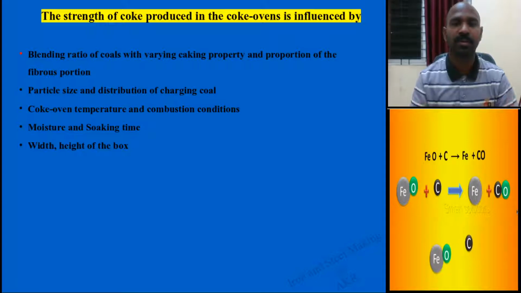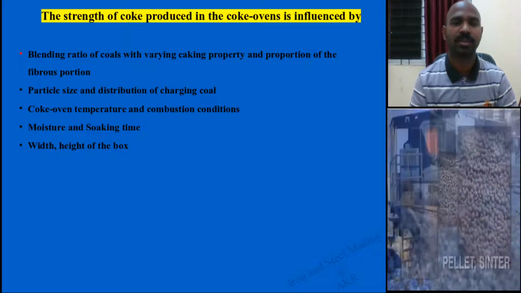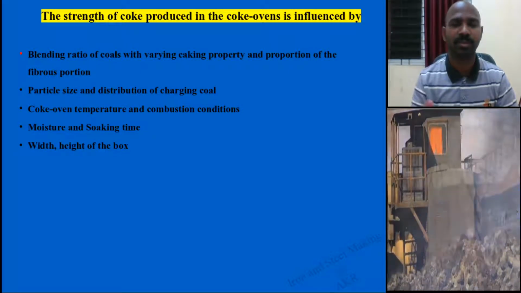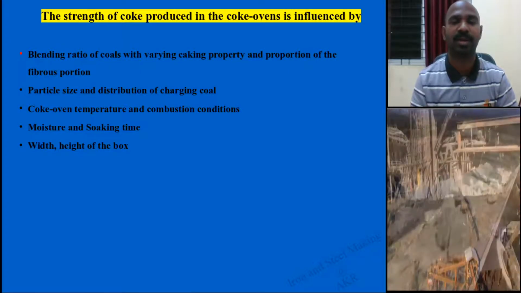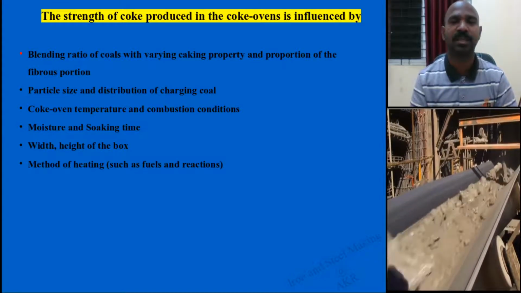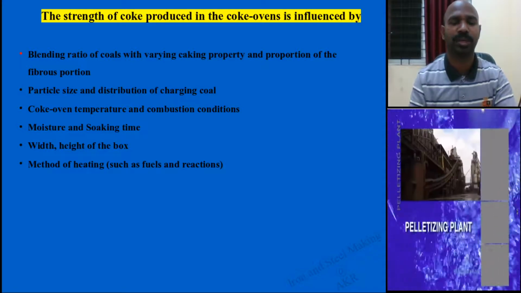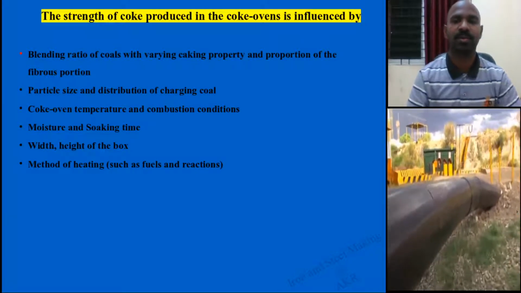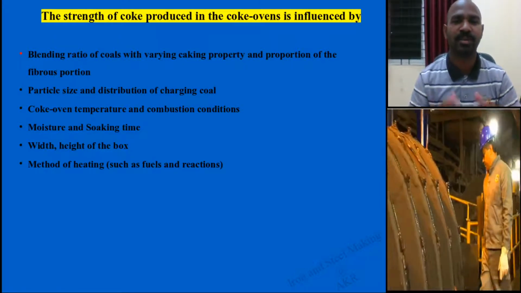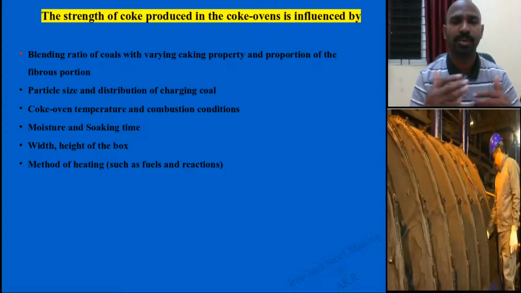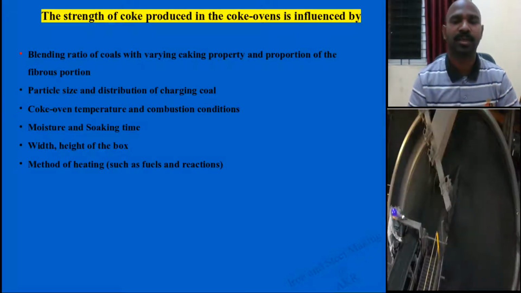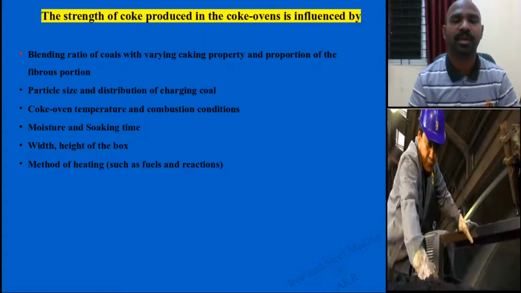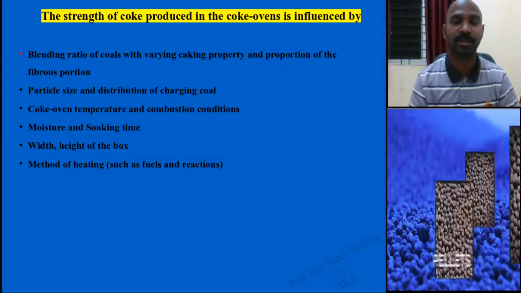The height is large in the case of the recoverable coke oven, whereas in the non-recoverable coke oven it is wide, flattened dimension. And method of heating, fuels and reactions, endothermic reactions, exothermic reactions, what fuels are regenerated, the regeneration principle, are all parameters which influence the strength of the coke.